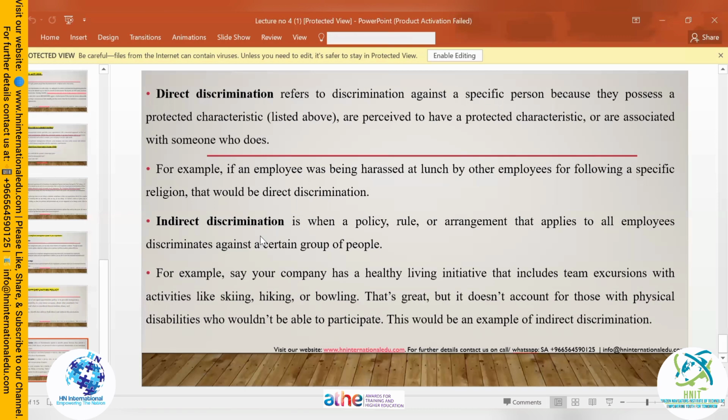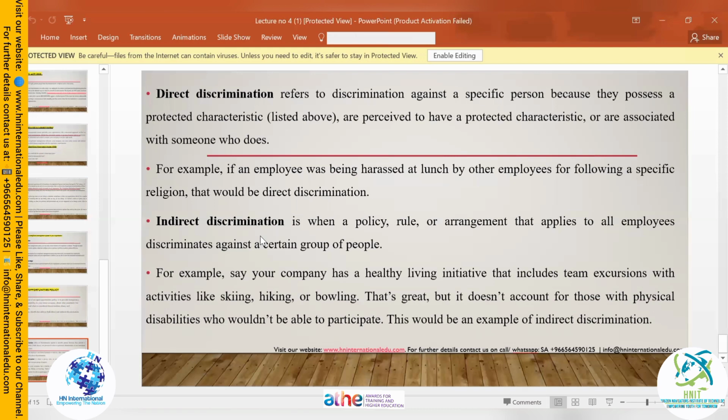For example, your company says that we provide spare time for the employees for bowling or for hiking, or we have arranged a movie plan for my employees tonight and all that. Those who are not able to participate will be eliminated from that group of people. So this is indirect discrimination.